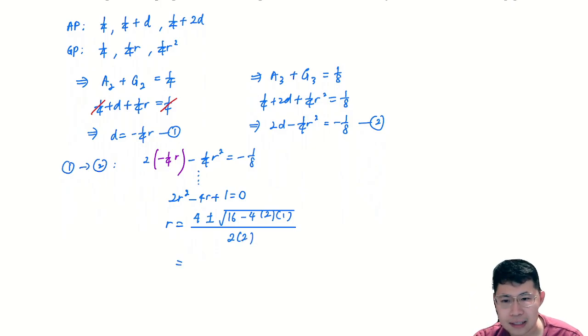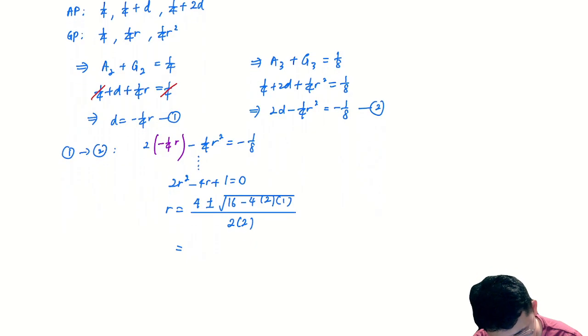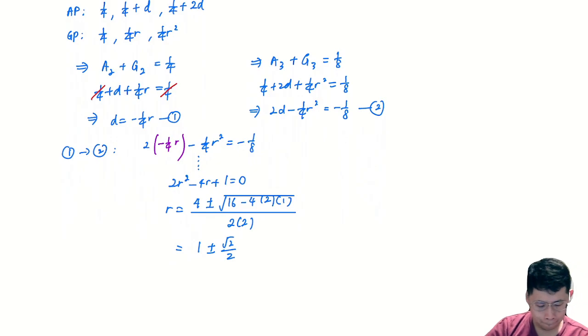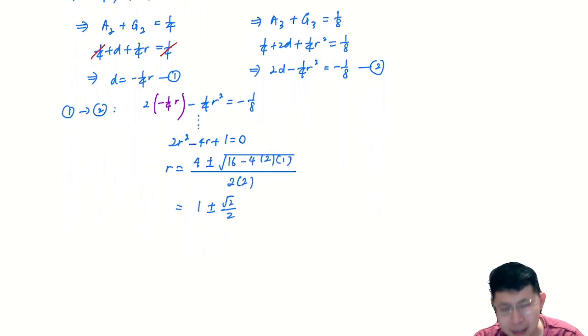So now let's take a look. Over here we have 1 plus or minus root 2 over 2. Okay, something like that. But then which one do we choose? Which one do we reject?